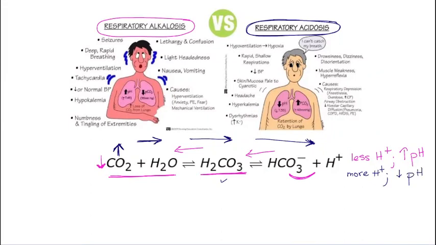Because remember that in the trend of pH, the higher the concentration of H plus, the lower the pH. The lower the concentration of H plus, the more basic, meaning a higher pH. So this is how respiration can actually create changes in the pH of our blood through the blood buffer system.